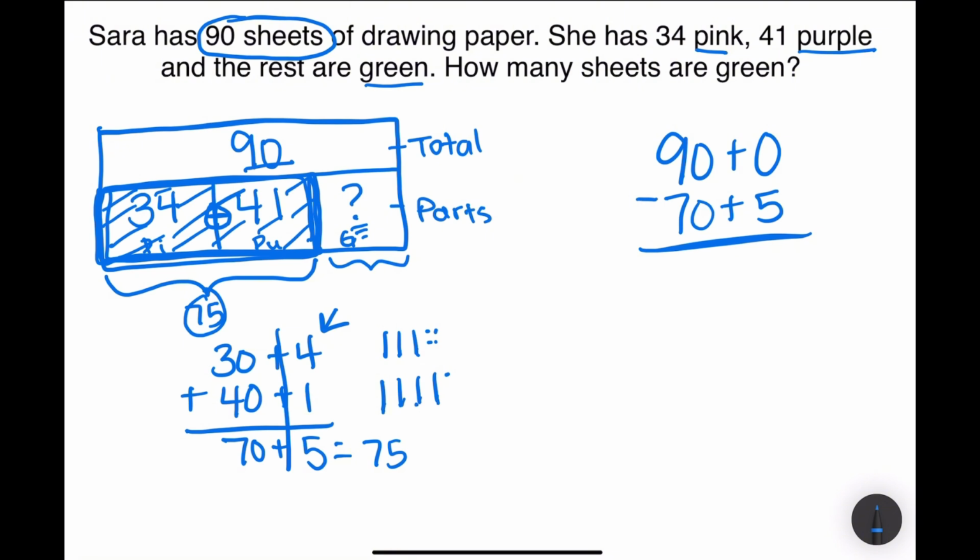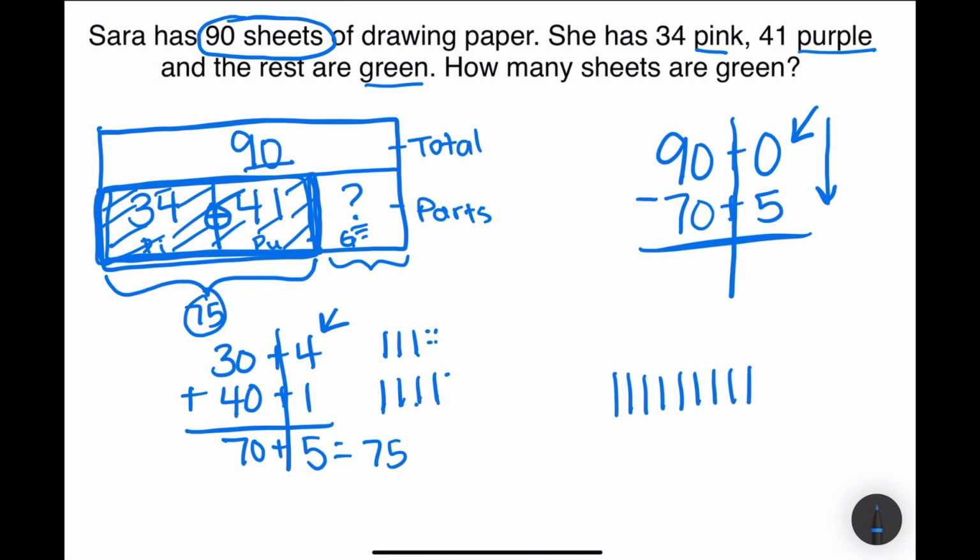Okay, there's going to be regrouping. So I'm going to give you a minute. You have to start in the ones place. You have to go from the top to the bottom. You can't go upside down. So you're going to have to regroup to do this problem. If you drew a pictorial model, you're still going to have to regroup.